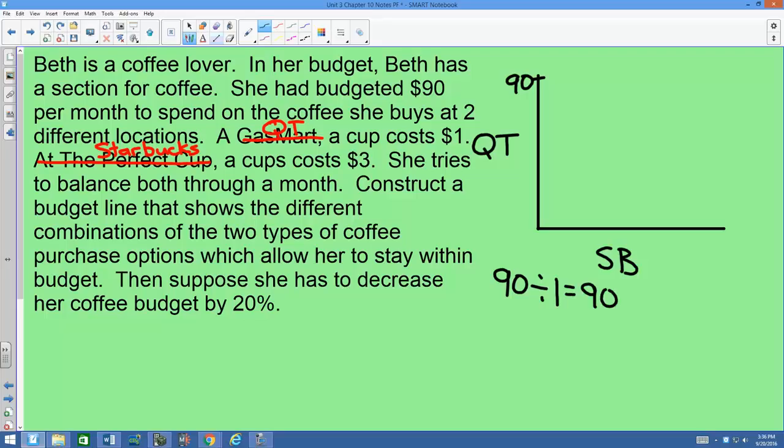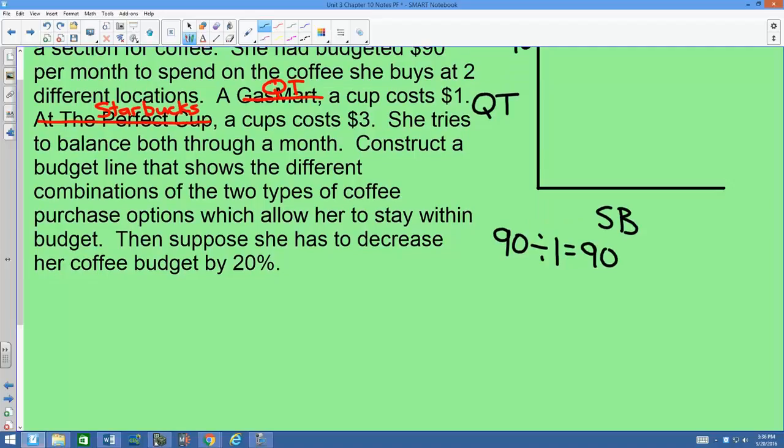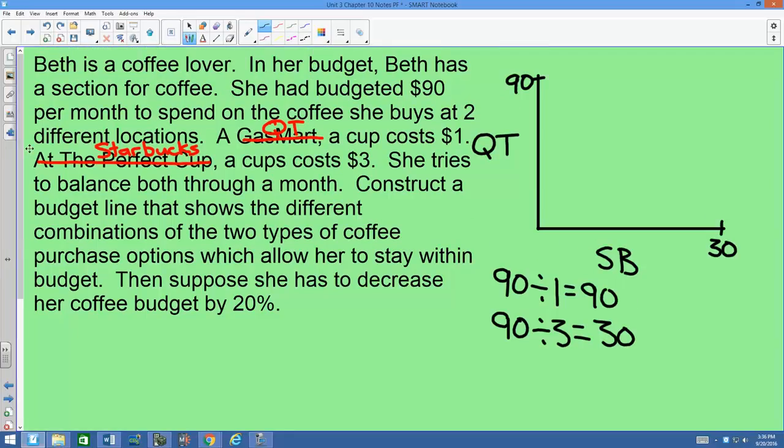For Starbucks, each one is $3, so $90 divided by 3 is 30. And all we would do then is draw a straight line between these 2 points.